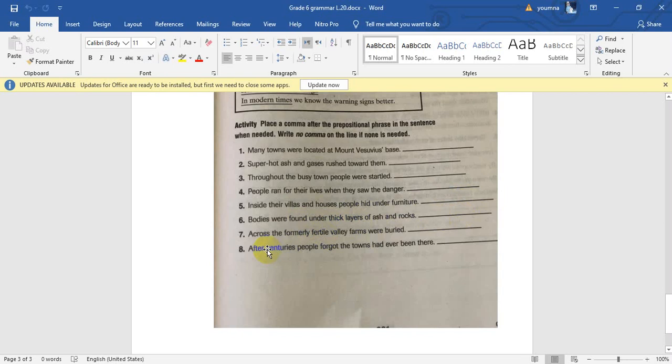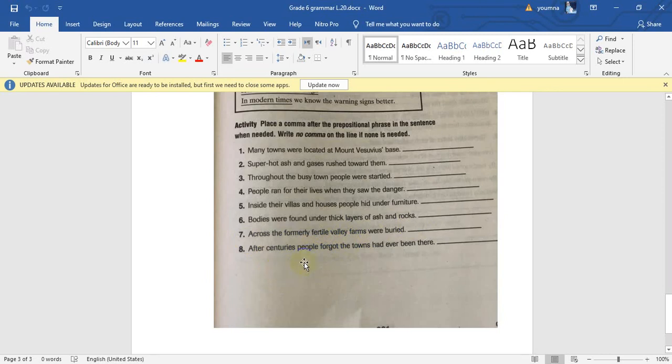Number 7, across the formerly fertile valley, farmers were buried. Yeah, this across the formerly fertile valley can be separated from farmers were buried, and this is a prepositional phrase. So after valley you will add a comma here.